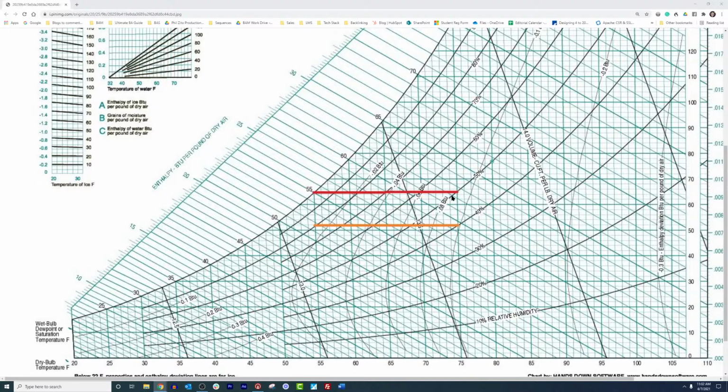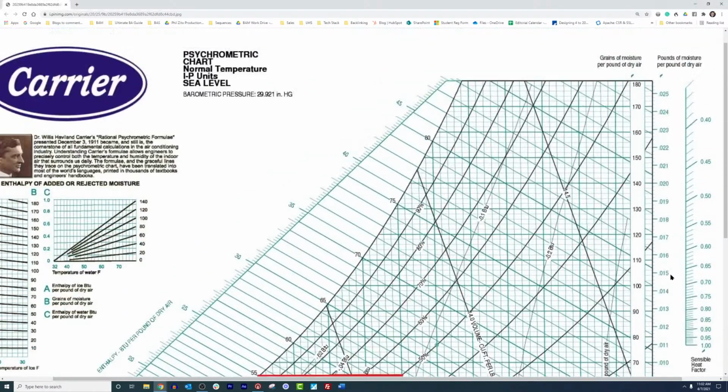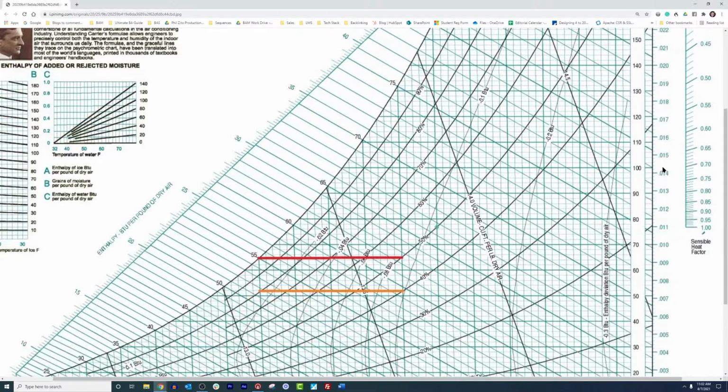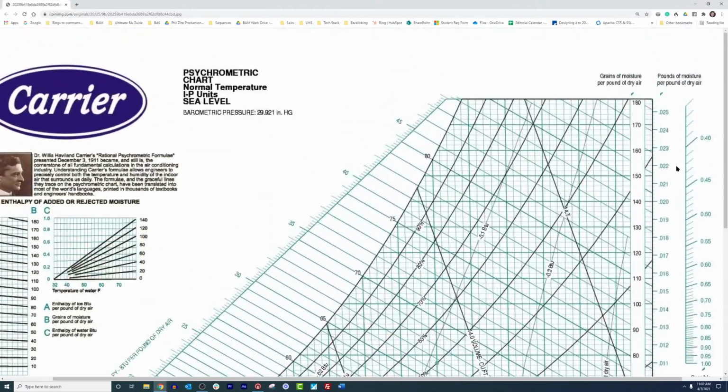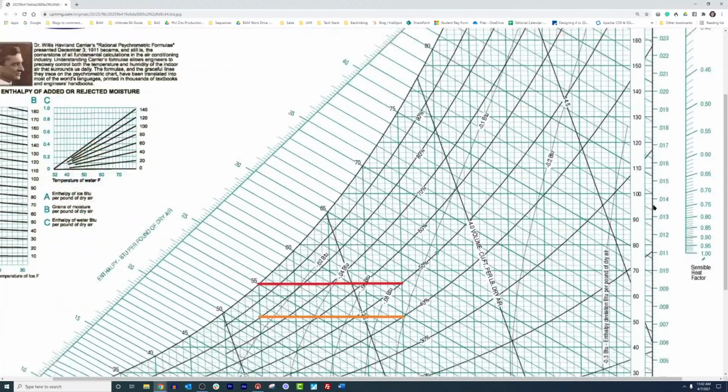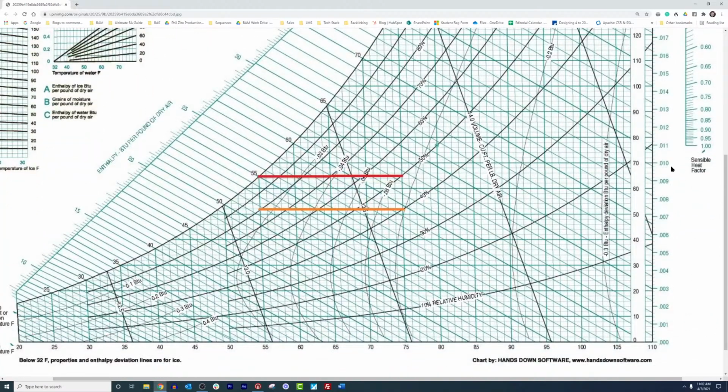Because what happens when you hit saturation, when you hit dew point, is, as we can see over here, pounds of moisture per pound of dry air. The capacity of air to hold moisture, to hold water inside it, increases as our temperature gets higher.